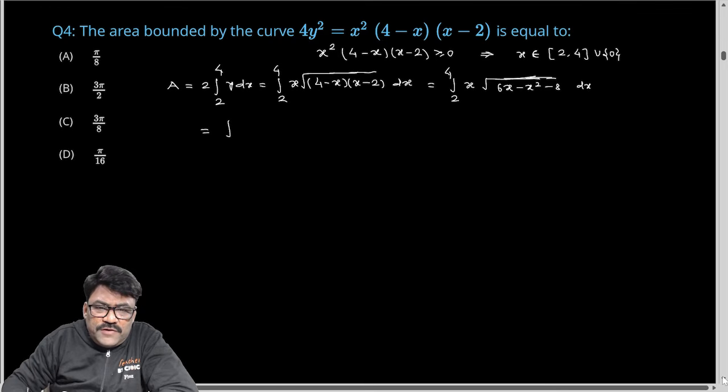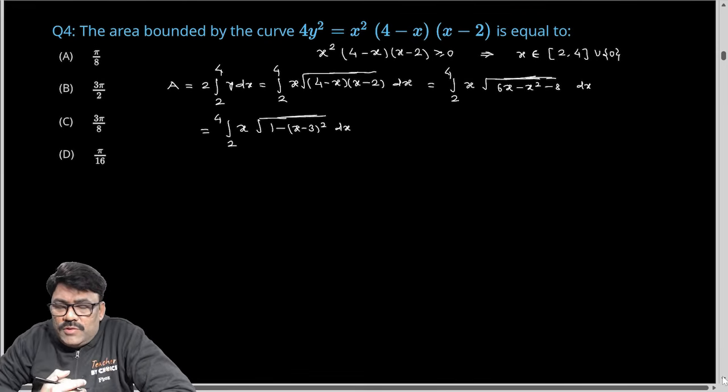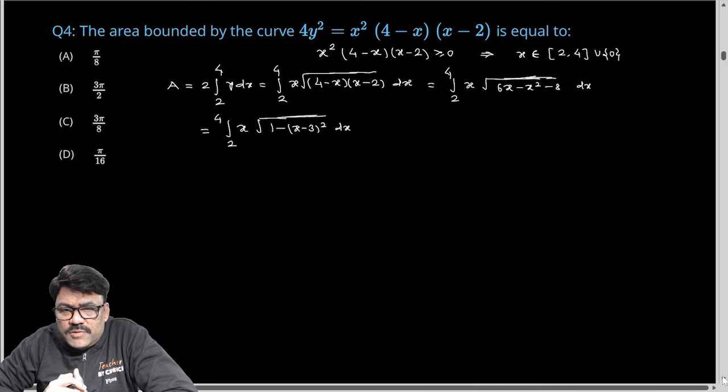Now if I make a perfect square inside the root, it is x times √(1 − (x − 3)²). Just check it carefully: (x − 3)² will give you x² − 6x + 9.